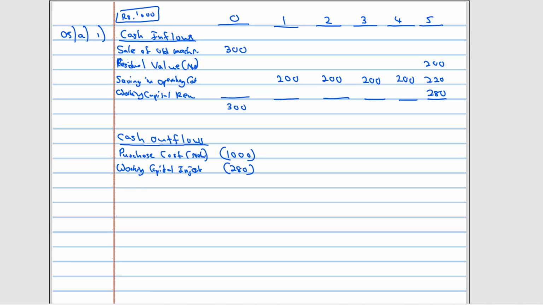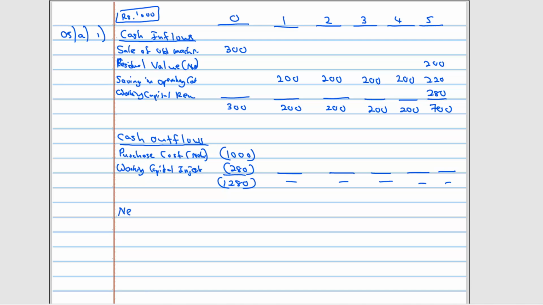So now let's get the total inflows and outflows. Here 300, here 200, here 200, here 200, here 200. Here it is how much? 300, 500, 700. Let's take the cash outflows also. So here 1280, nothing.